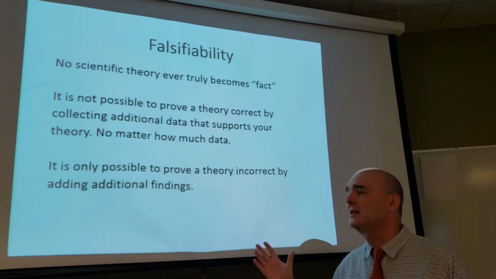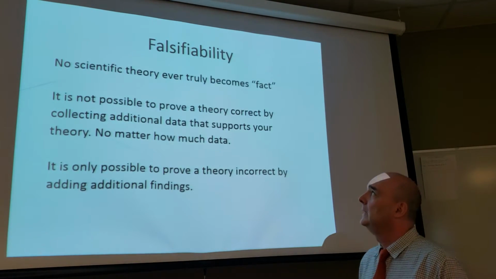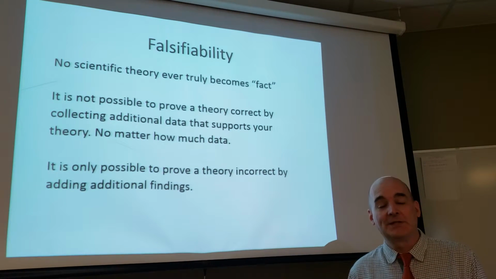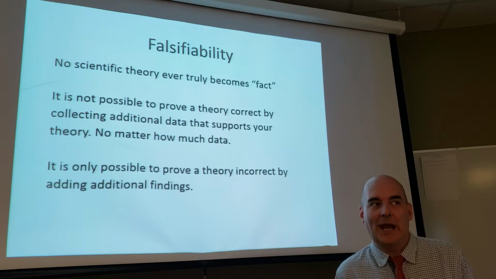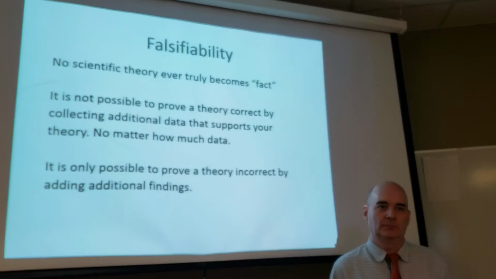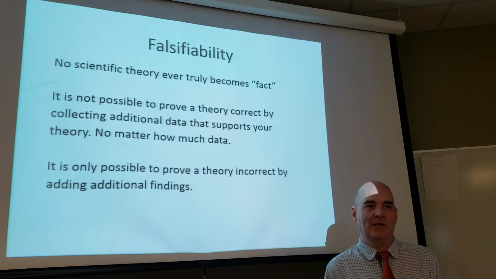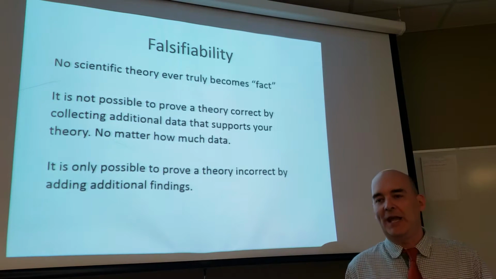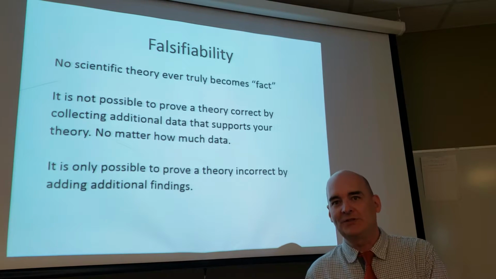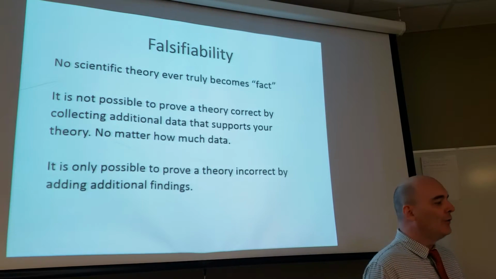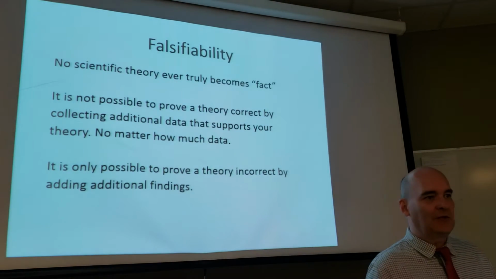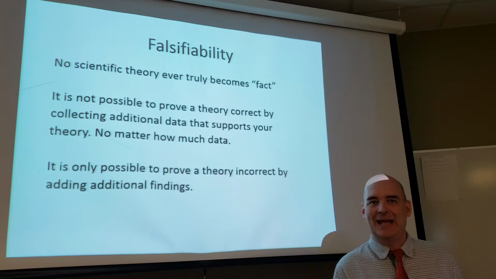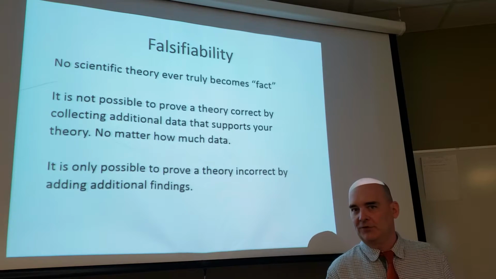One of the great things about the scientific method is this thing called falsifiability. It means that you cannot prove anything to be true. No scientific theory is ever true. Outside of mathematics, where there is actually a proof, 2 and 2 does equal 4, all that we do in most of the physical sciences is build to a more complete answer of what the universe is doing.